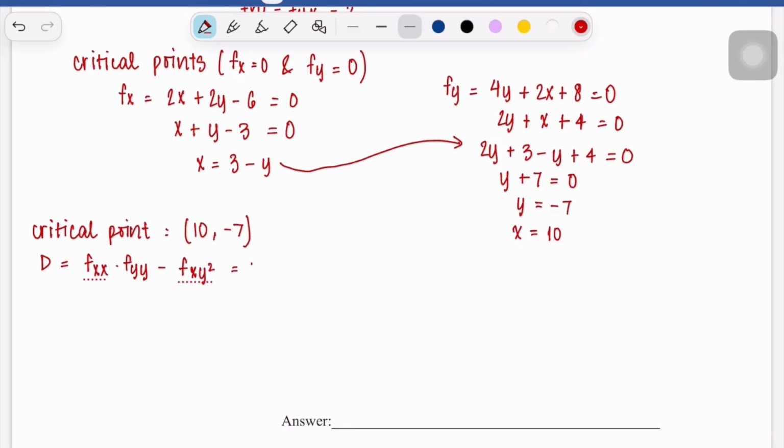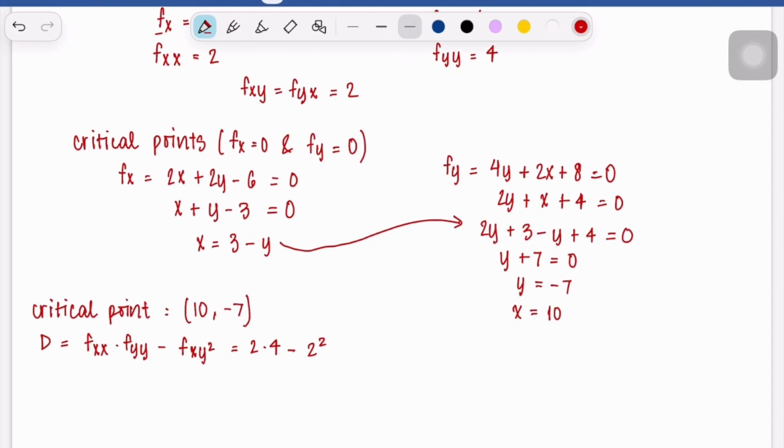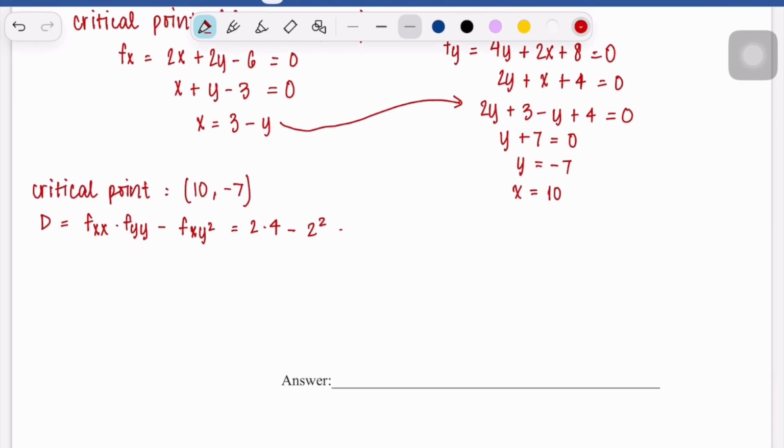And that's 2 times 4 minus 2 squared, because f_xx is 2 and f_yy is 4 and f_xy is 2. So that's going to be 4. And since 4 is greater than 0, this point is either a local maxima or a minima and not a saddle point.